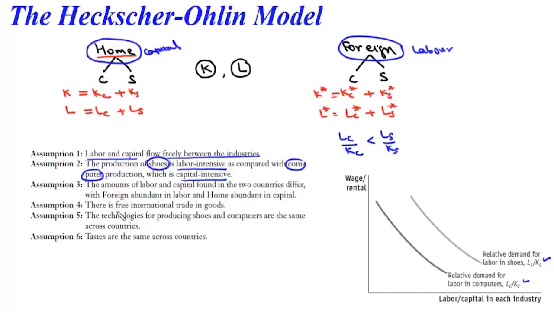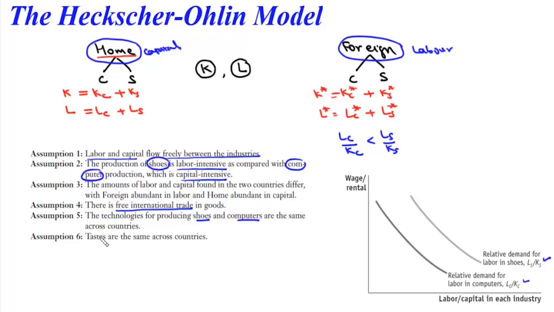The fourth assumption is that there is free international trade. Assumption 5 is to set aside any technological differences, so technologies for producing shoes and computers are the same for both countries. Assumption 6 is that tastes are the same across countries, which implies the indifference curve will have the same shape for both countries.